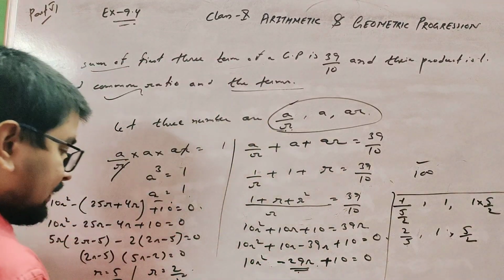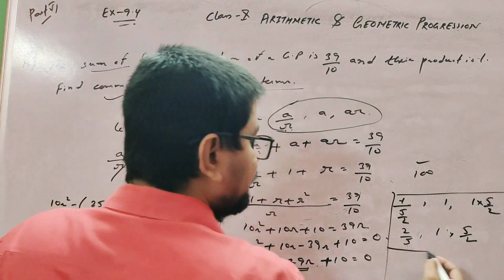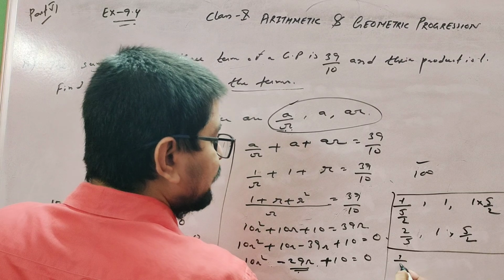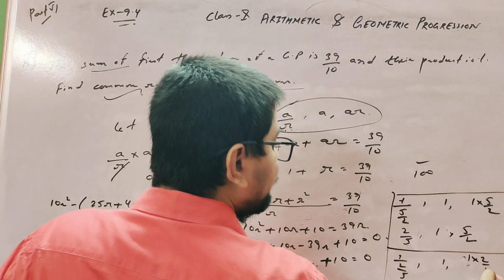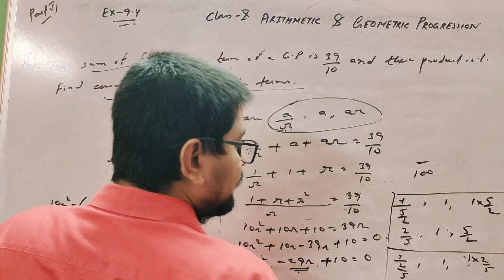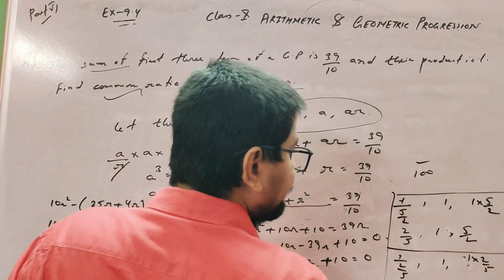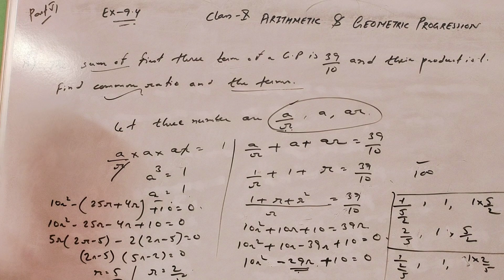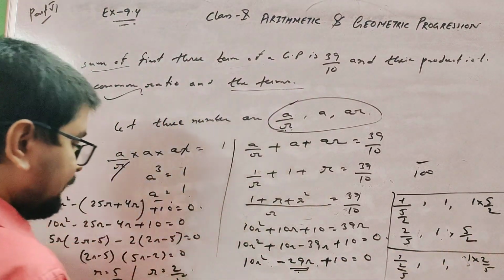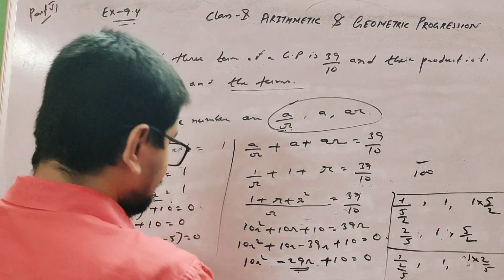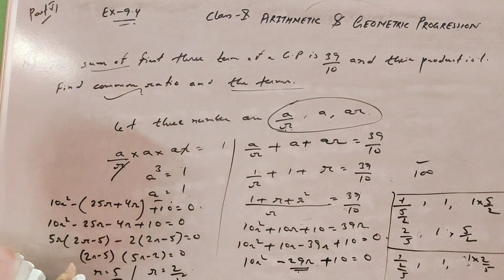Okay, if you consider the other one as R, that is 2 by 5, then 1 divided by 2 by 5 is 5 by 2, 1, and 1 into 2 by 5. So if you consider R as 5 by 2, the answer is 2 by 5, 1 and 5 by 2. If you consider R as 2 by 5, it is 5 by 2, 1 and 2 by 5. Okay, note.